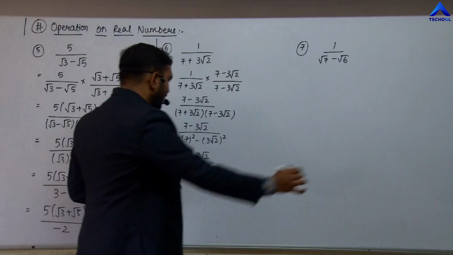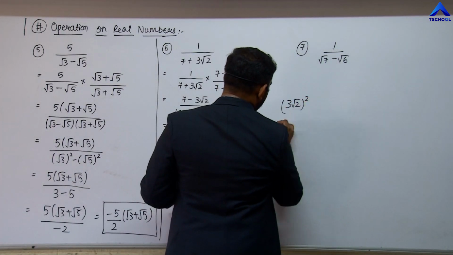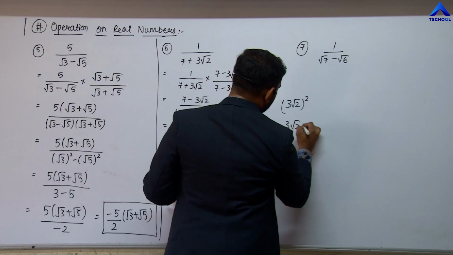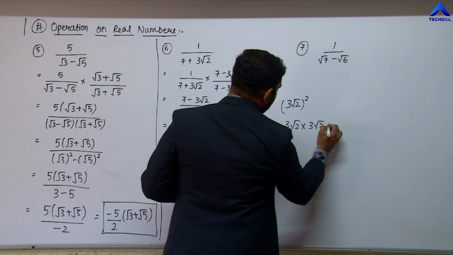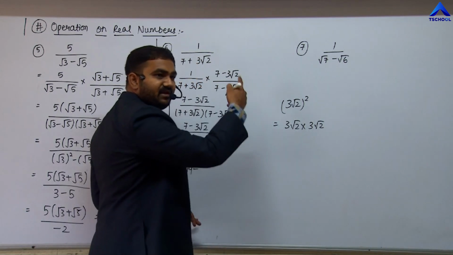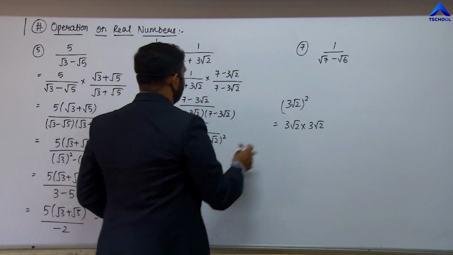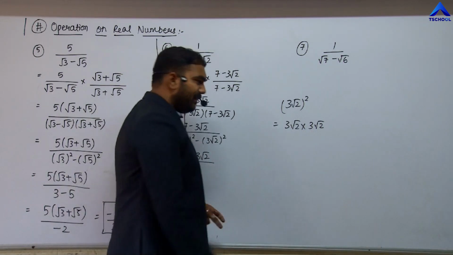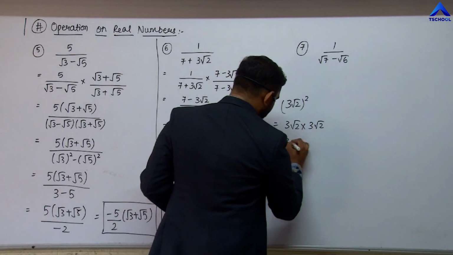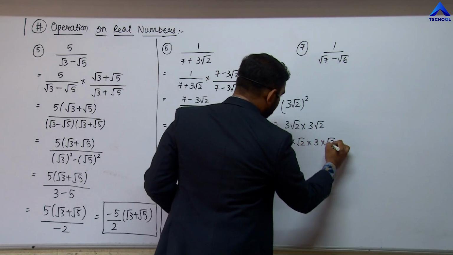See friends, this I am working here 3 root 2 square, that is 3 root 2 into 3 root 2. And as we have seen in the multiplication, the very first topic of today was operation on real numbers, and in that we had multiplying these two numbers. So that is 3 into root 2 into 3 into root 2.